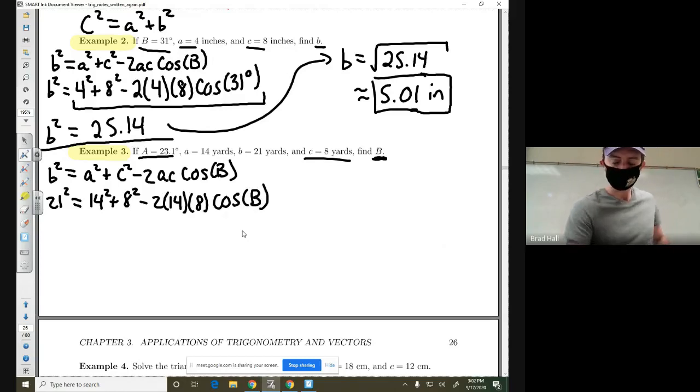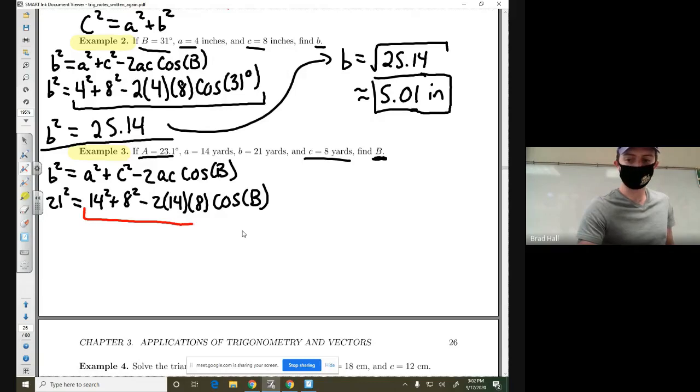capital B. And here is where I will have an issue. It's something you may do. If you simplify this by putting all of these numbers here in the calculator, I'm not going to be very happy about that. You can't separate the cosine. It breaks order of operations.